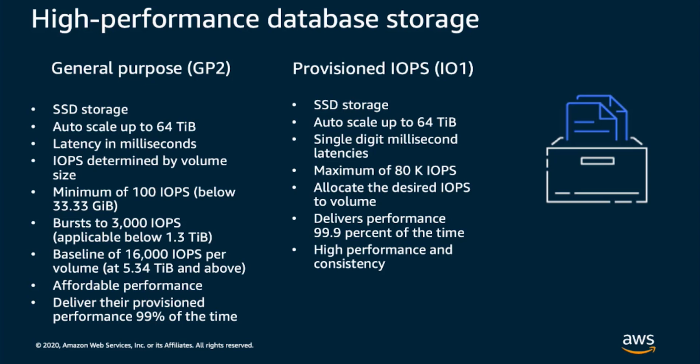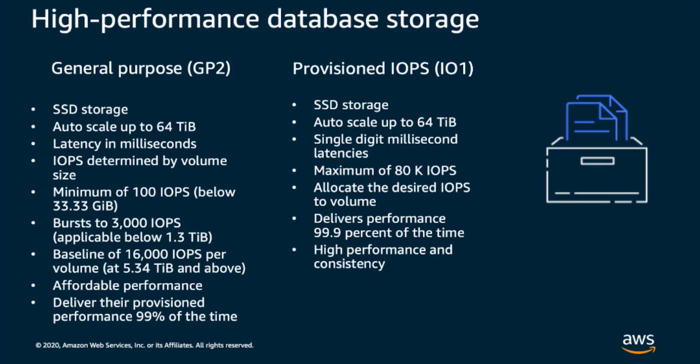And just like the T instance class family, this is also burstable in nature. If you have a volume less than 1.3 terabytes, it has the capacity to burst up to 3,000 IOPS for a certain amount of time. The maximum for these GP2s is 16,000 IOPS, and they deliver provisioned performance up to 99% of the time.